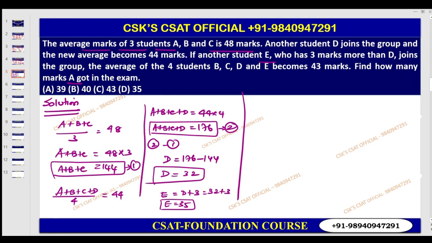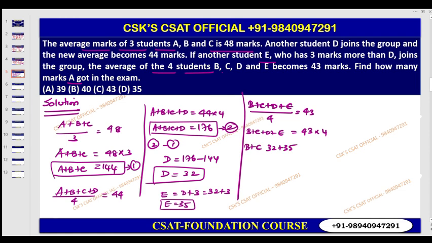After knowing this, now the average of the 4 students, B plus C plus D plus E, divided by 4, is equal to 43. You can cross multiply this. 43 into 4. Now B plus C plus D plus E. You know the values of E as well as D. So therefore 32 plus 35.